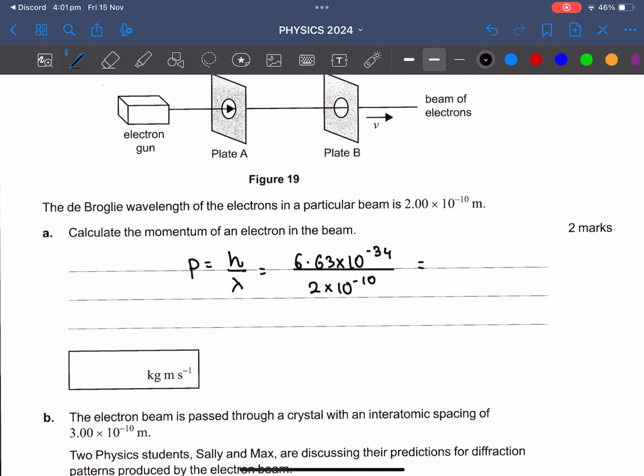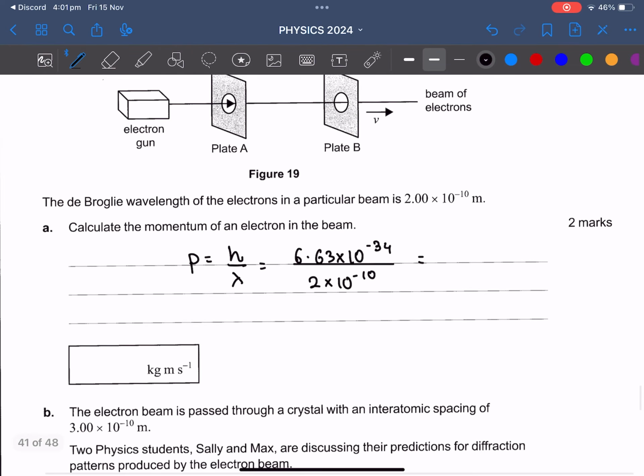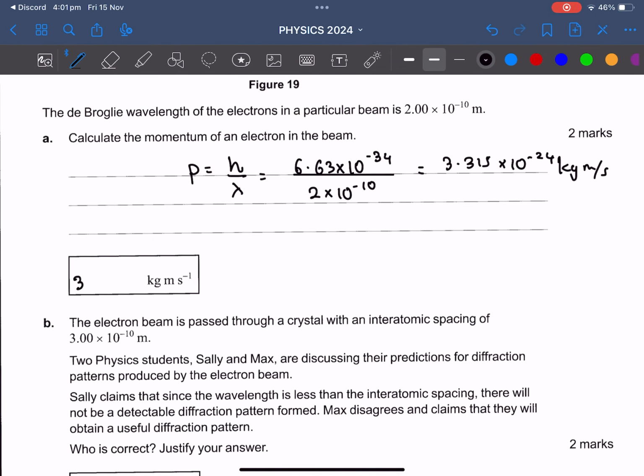So that is equal to 3.315 times 10 to the minus 24 kilogram meters per second.